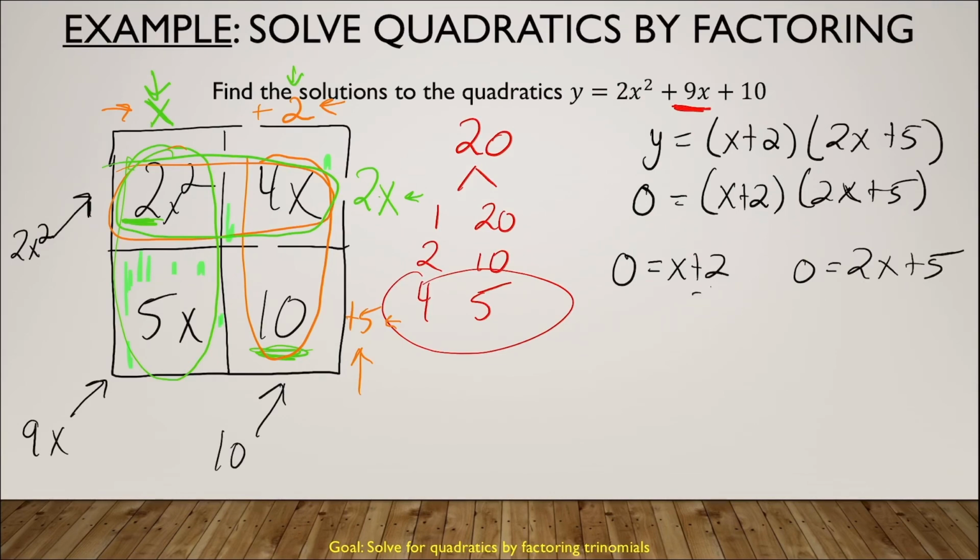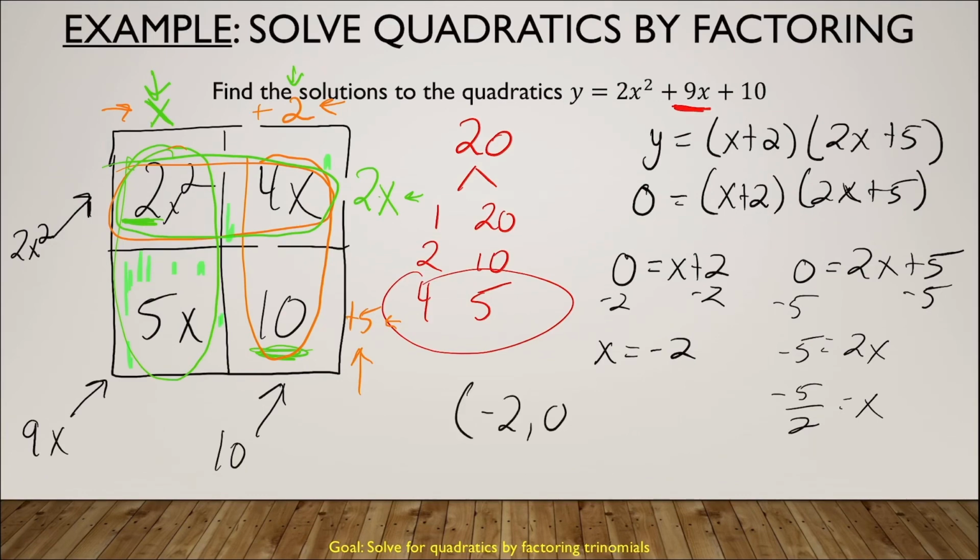We just solve for each of these. We subtract 2 from both sides. I get x equals negative 2. On the right, I'm going to subtract 5 from both sides. Divide by 2. So I'm not finished. I need to write these as coordinate pairs. Negative 2, 0, and negative 5 halves, 0.